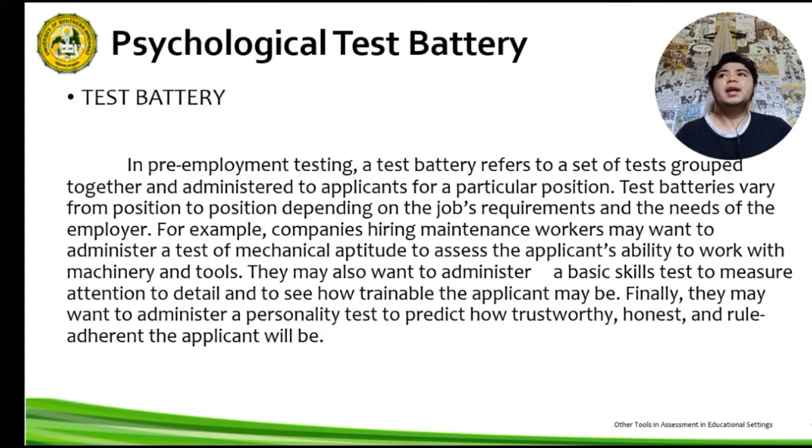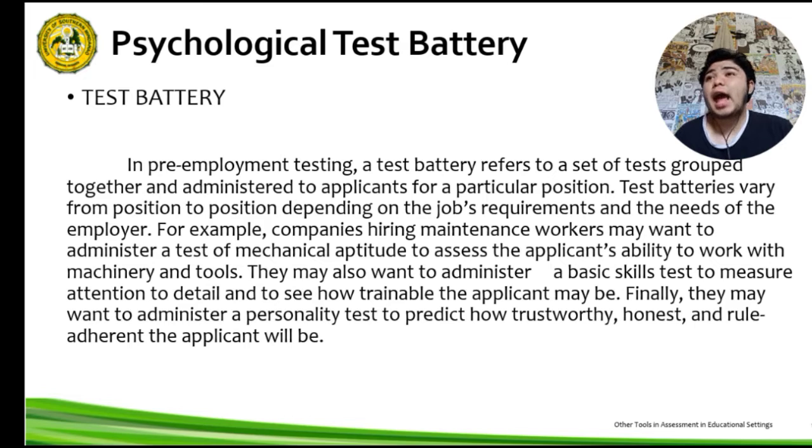So in an office or in an organizational view, say you are about to hire a secretary. As an HR, what do you want to see in your applicants? What do you want to know? You want to test their personality, or you want to test how well they are in stressful situations.